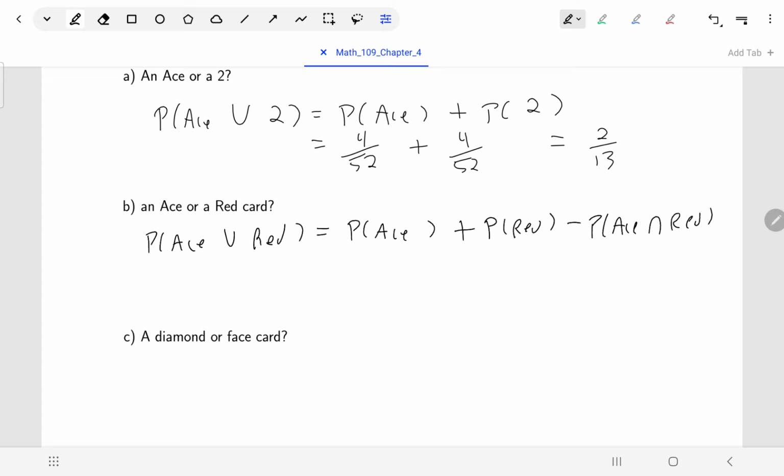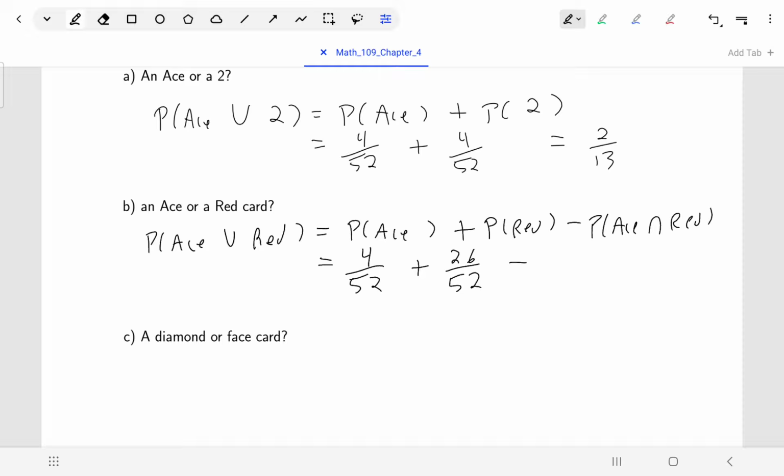Okay, so now let's do it. Starting with aces, there are 4 aces in our deck, 4 out of 52. As far as the red cards go, half of the cards are red, so that's 26 cards that are red out of 52. And then finally, we need to subtract the overlap because there are some aces which are also red.